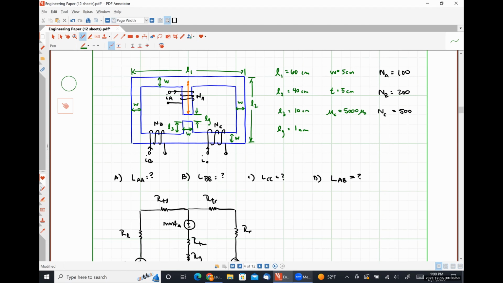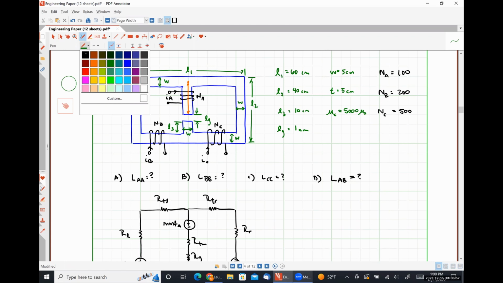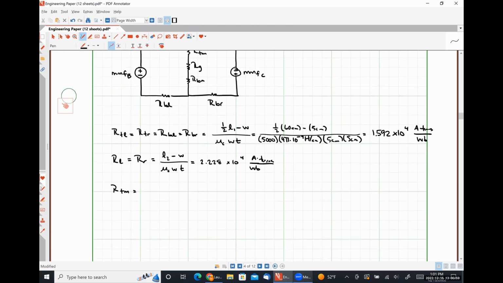Minus W, yes, so L2 minus L3 minus LG minus W. You guys nailed it, awesome. That's going to look like 1.528 times 10 to the 4 amp turns per Weber.